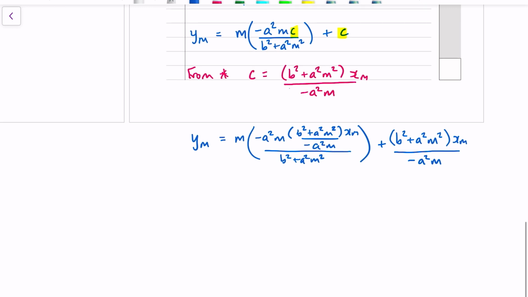Okay, so what cancels here? We've got the a squared m there cancelling with the a squared m there, and we've got a b squared plus a squared m squared there cancelling with a b squared plus a squared m squared there.